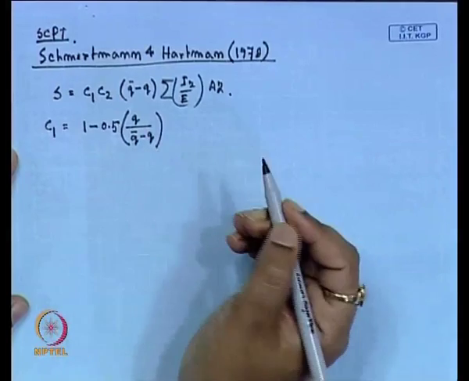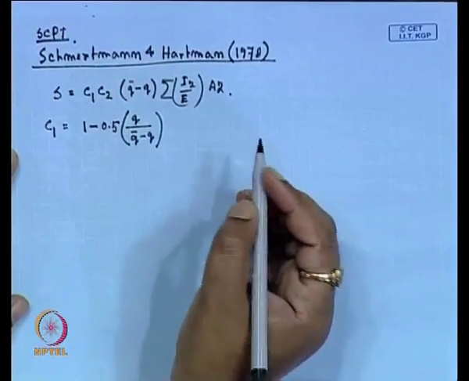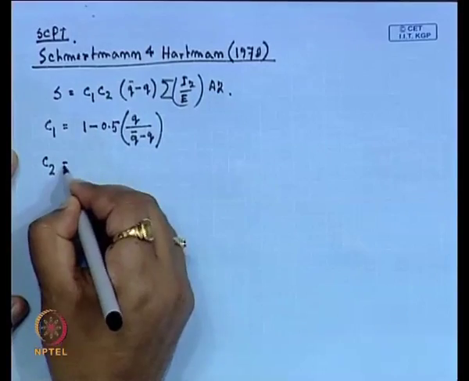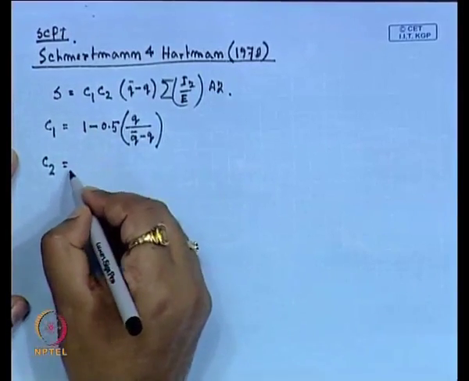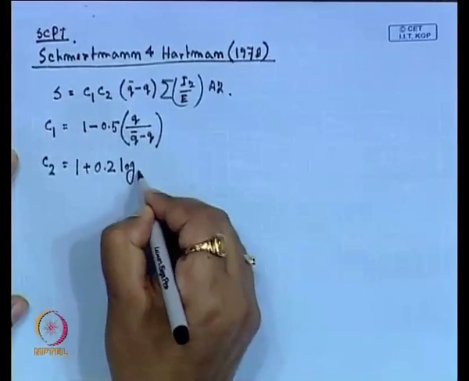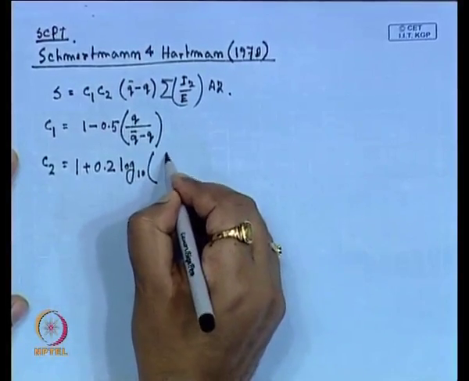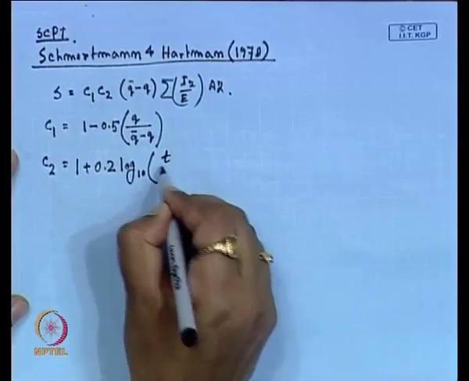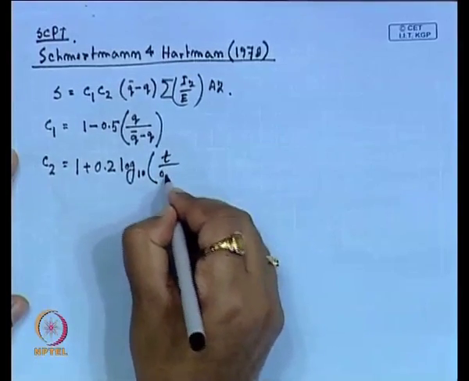divided by q bar minus q, and C2 is another expression that is given by 1 plus 0.2 log 10 of t divided by 0.1.